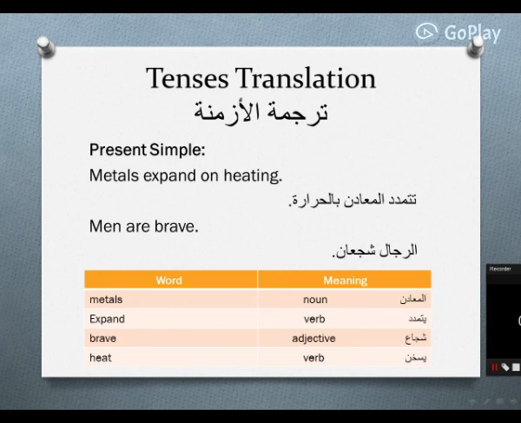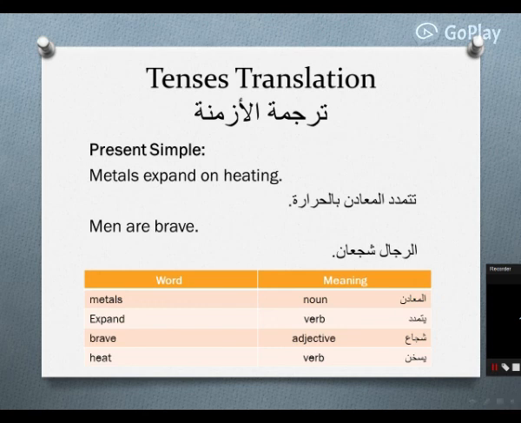So we start with the verb as usual. تتمدد المعادن بالحرارة. But here we did something, and we need to understand what we did in this example, because as we said before, heat is a verb which means يسخن. But حرارة is a noun which means temperature.